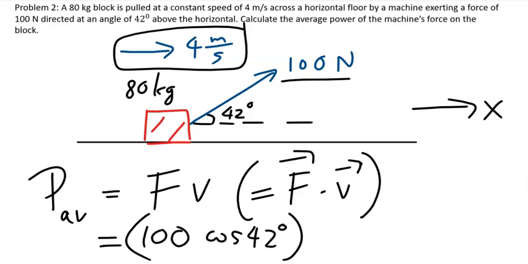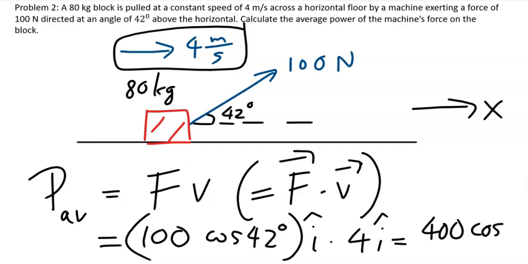So the component of this 100 newtons along the x, or the horizontal direction, dotted with 4 i hat, is going to be 400 cosine 42 degrees, which is 297 watts. And that completes the problem.